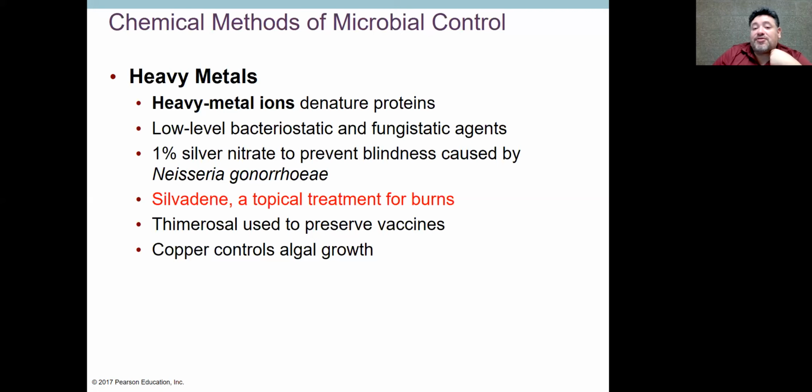But typically our burns were sufficiently small that they started to regenerate skin on their own. So I have used Silvadene topically for burns many times in the clinical environment.